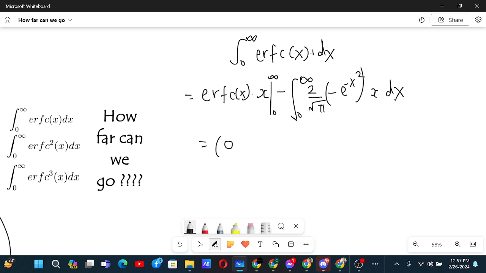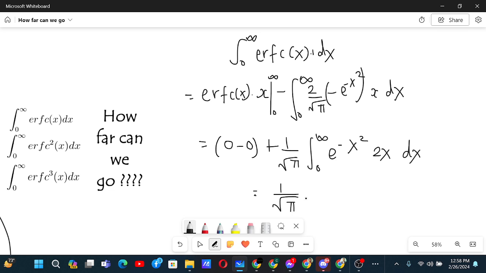And over here this is 1, this is 0, so minus 0 again, and plus 1 by root pi times the integral from 0 to infinity of e to the power minus x squared and then 2x dx. Now if we let x squared be y, 2x dx will just be dy.